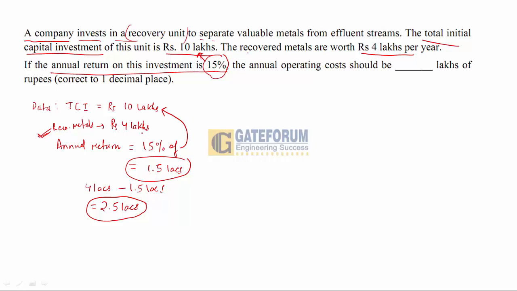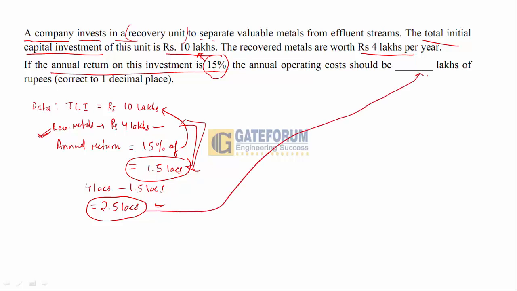Let me repeat it again. The recovered metals were worth 4 lakhs a year, but the annual return is only 1.5 lakhs. So the difference of these two must be incurred as some cost, which would be nothing but the operating cost or the maintenance cost. The difference of these two is 2.5 lakhs. So this is our operating costs. Okay, so 2.5 is our answer.